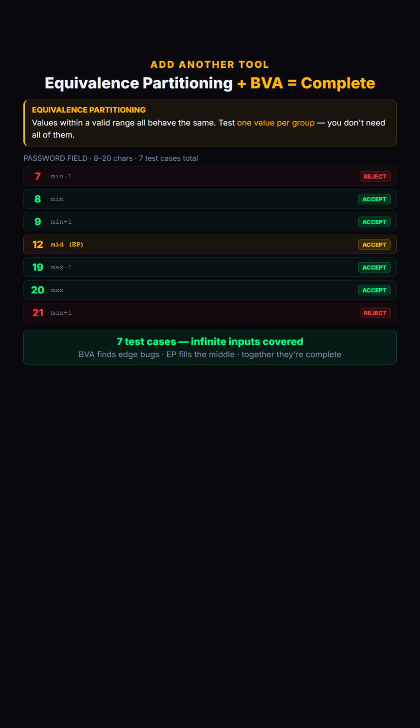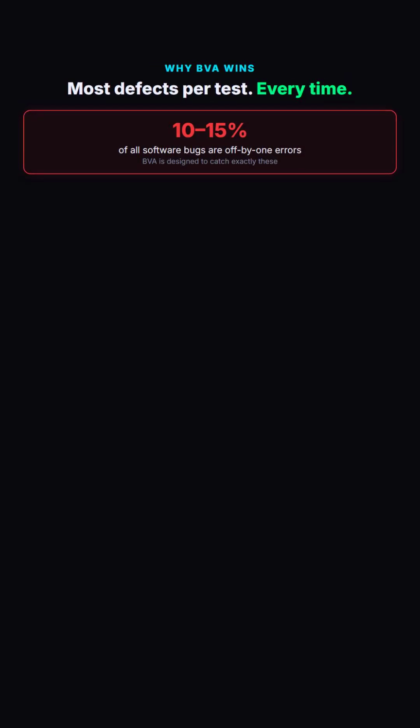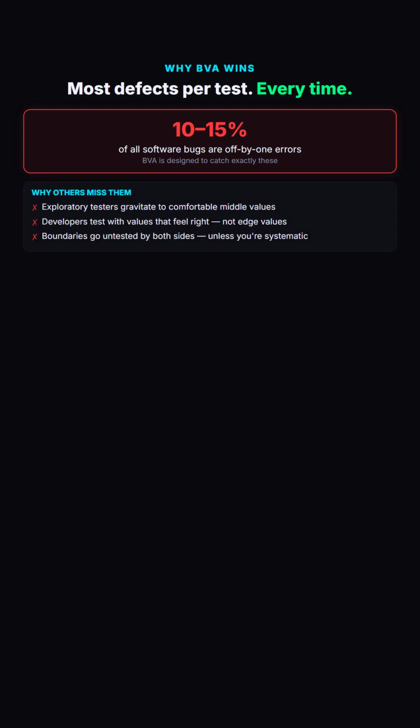Here is why boundary value analysis is one of the highest ROI testing techniques you will ever learn. Off-by-one errors are consistently among the most common bug types in software. Studies have placed them at 10 to 15% of all defects. And they are almost never caught by exploratory testing, because exploratory testers naturally gravitate toward typical, comfortable values.